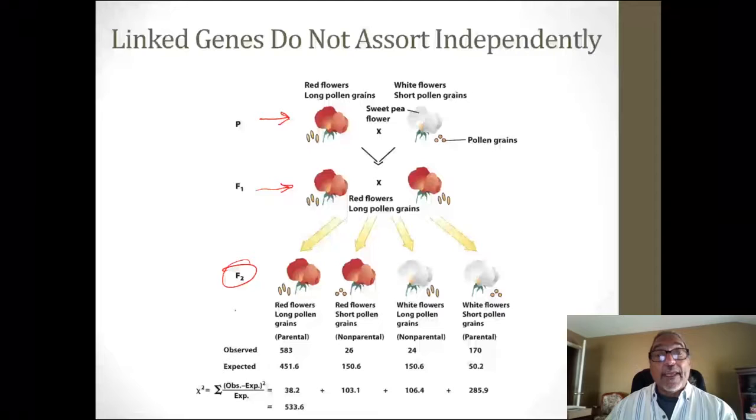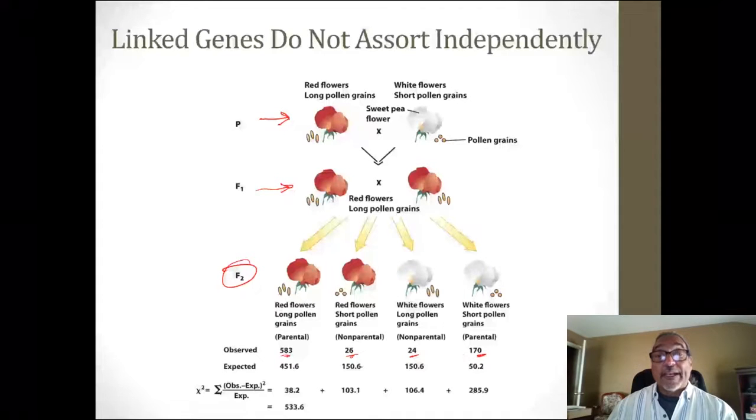We take a peek at the F2 and we see, as expected, all four different types of phenotypes: red long, red short, white long, and white short. However, look at the observed numbers here: 583, 26, 24, and 170.